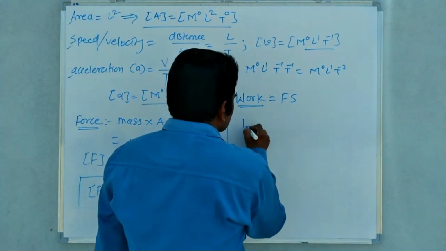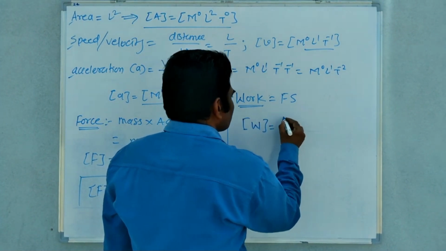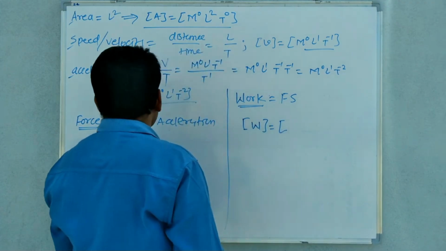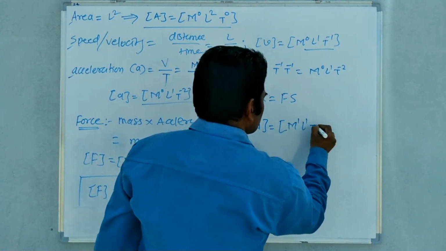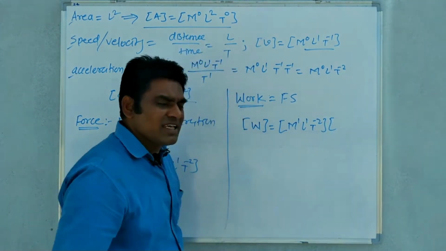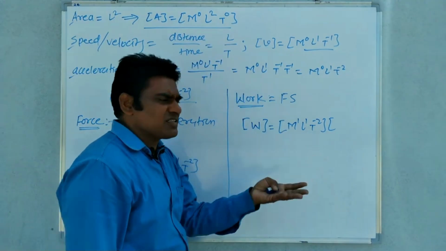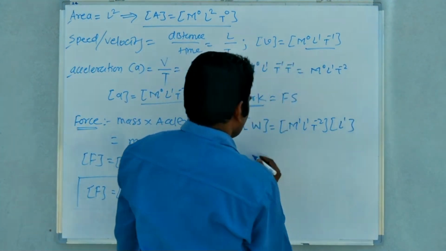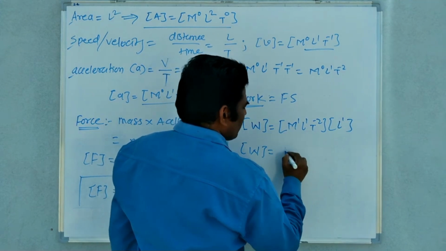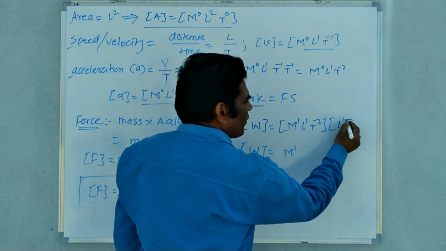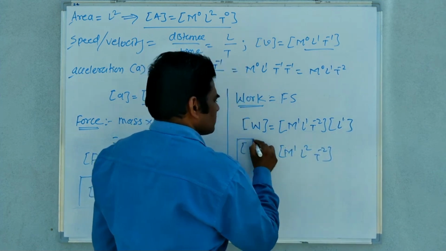So, dimensions of work is equal to dimensions of force, which we have already calculated as m1 L1 t to the power minus 2, times dimensions of displacement S, which is length, L1. Ultimately dimensions of work is m1 L2 t to the power minus 2.